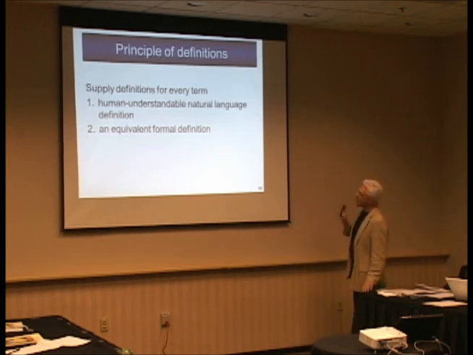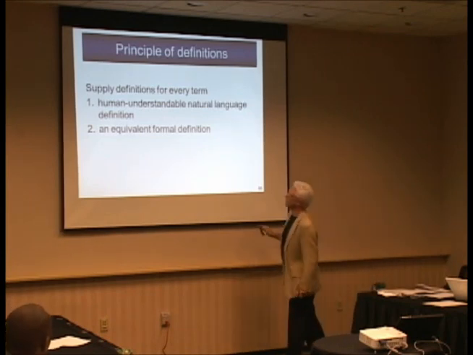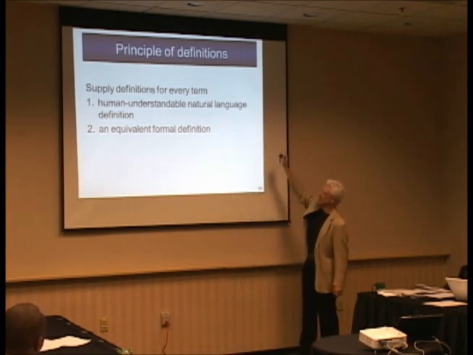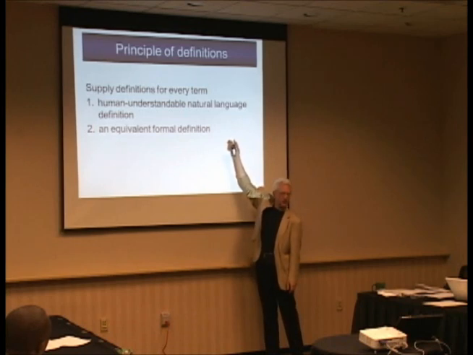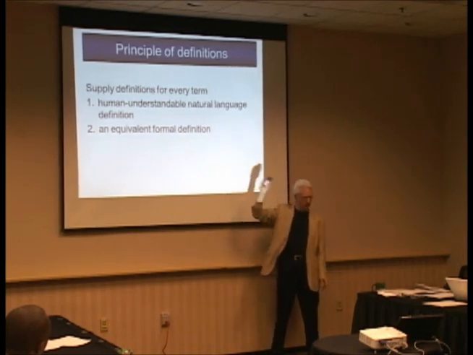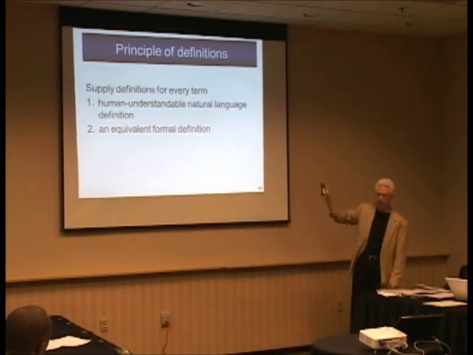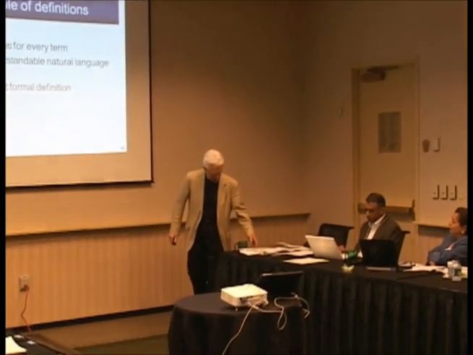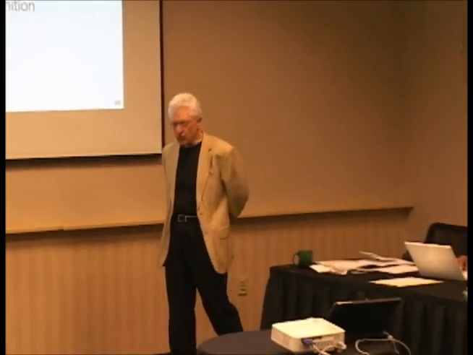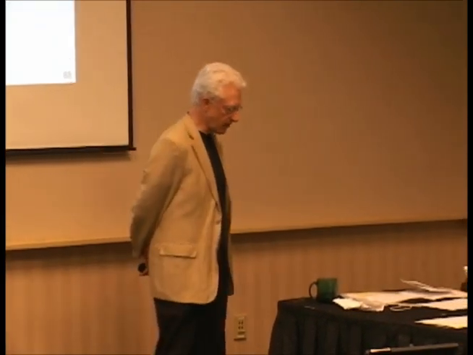Now, every term in an ontology should have a definition which should be human understandable. And in the course of time, this is the first thing to do: human understandable. In the course of time, you need a formal definition. Do the human one first. What do you mean by formal definition? That is a moving target, but probably for the purposes of this, start to use OWL. So it means an OWL definition.